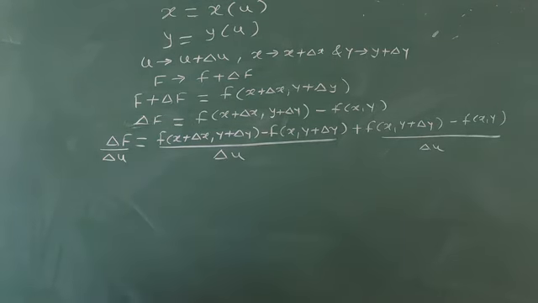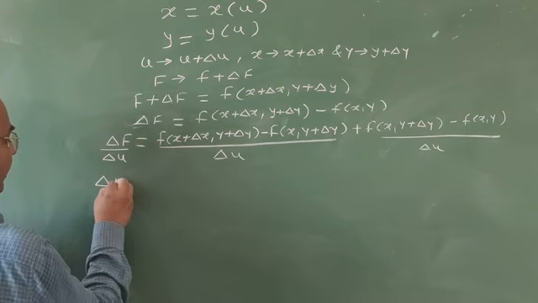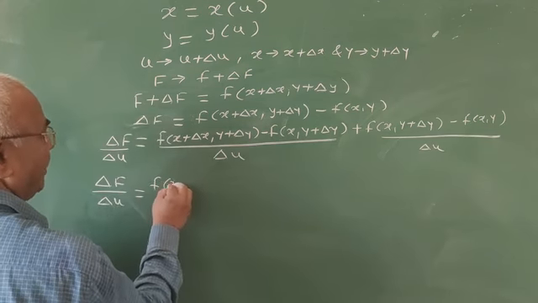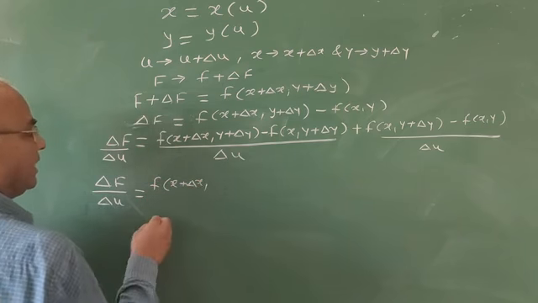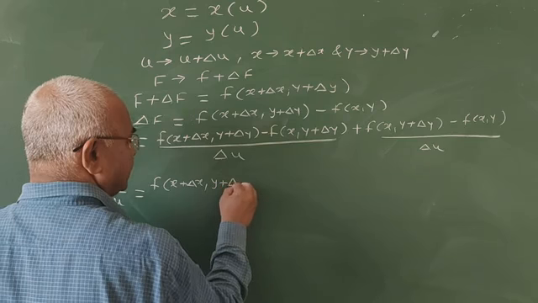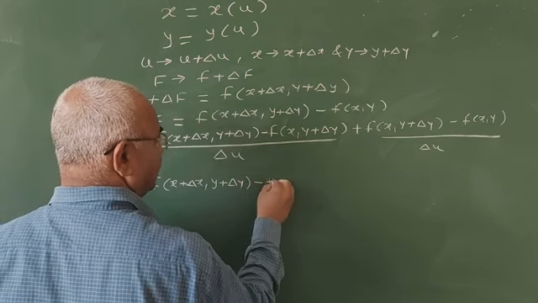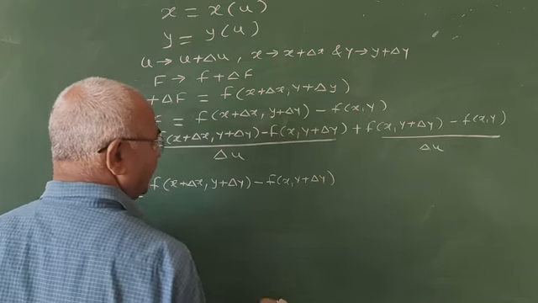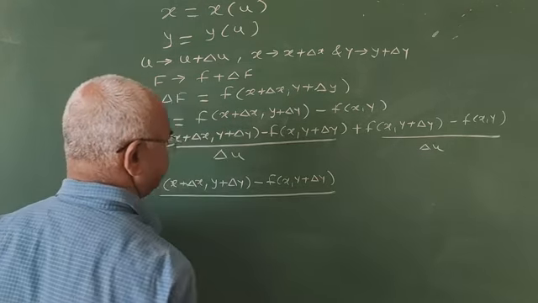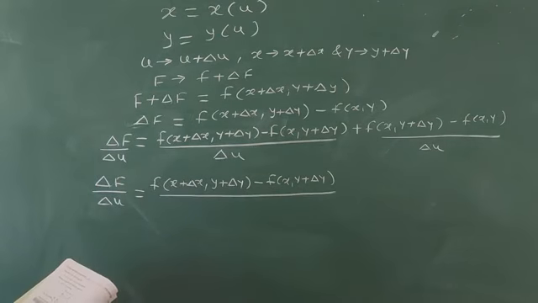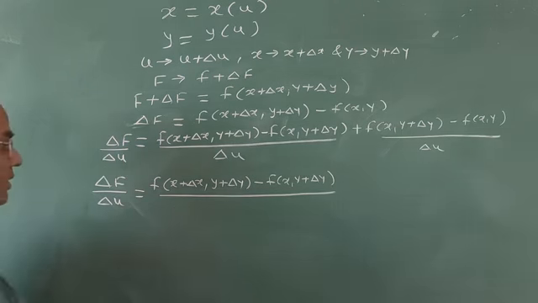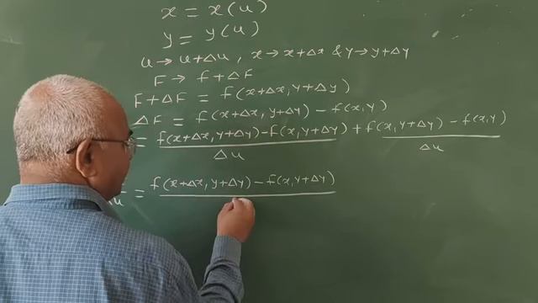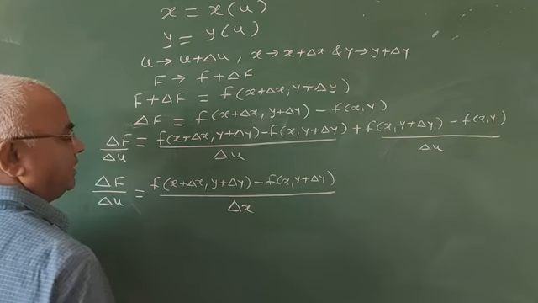Again, rearranging the terms, delta f upon delta u is equal to f of x plus delta x comma y plus delta y minus f of x comma y plus delta y divided by, here instead of delta u, y plus delta y common constant, there is a change in x, therefore divided by delta x.